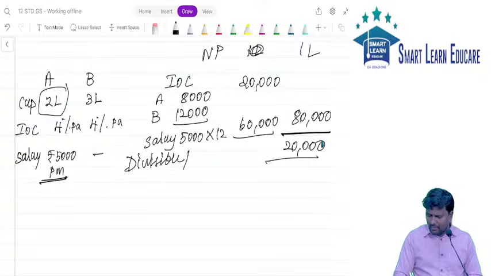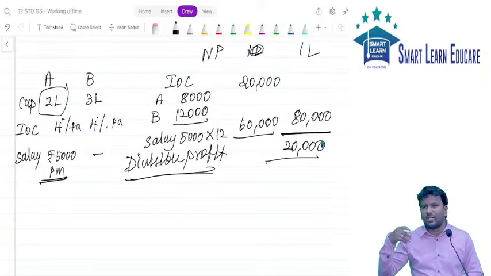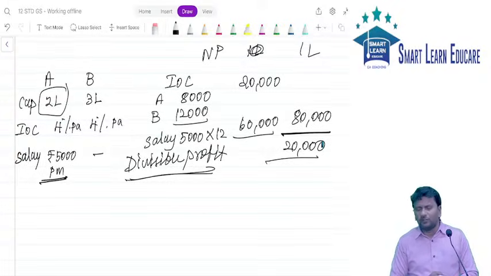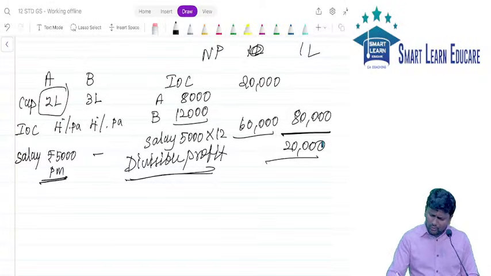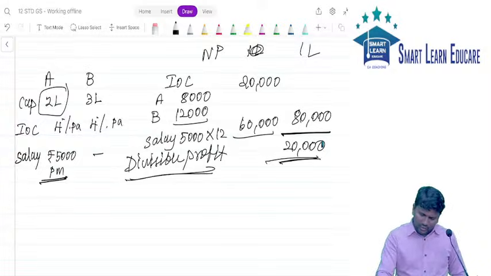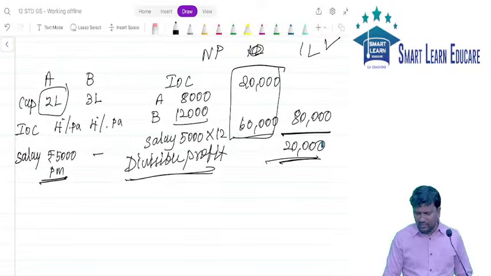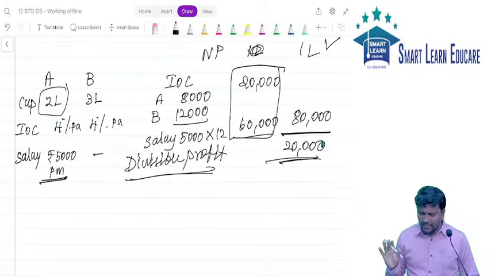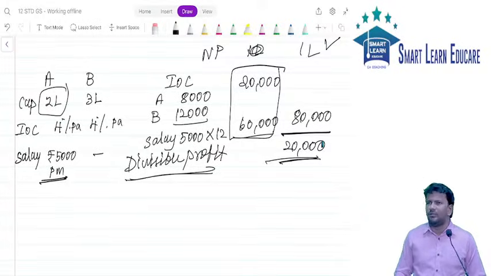Generally, from the divisible profit we will transfer the amount to reserve. This 20,000 is divisible profit, which is divided among the partners. So total net profit 1 lakh, interest on capital 20, salary 60. So how much totally paid? 80 is paid. 1 lakh minus 80 is subtracted, the balance 20 is called what profit? Divisible profit.